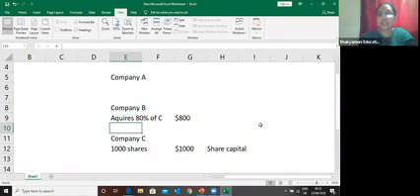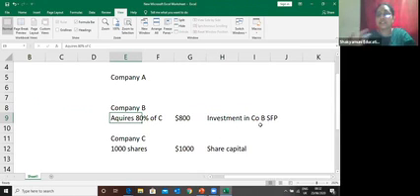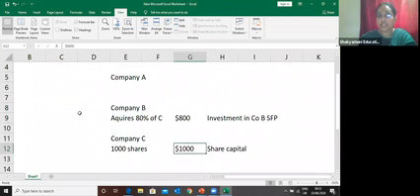So where will it appear? As investment, right? Investment in company C in company B's balance sheet, SFP. Since it purchased 80% of company C shares, it is said to have control because there are no other conditions, like other investors having control. If there are no other conditions, if it holds more than 50%, then it is said to have control.